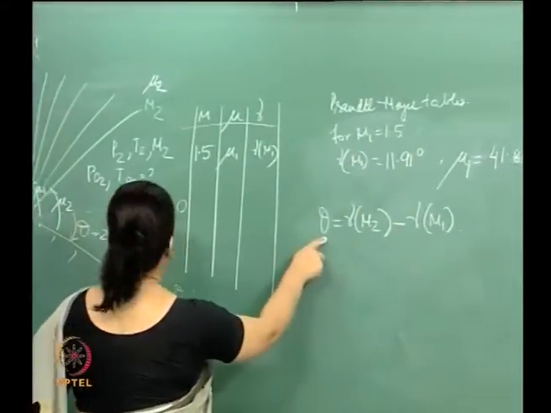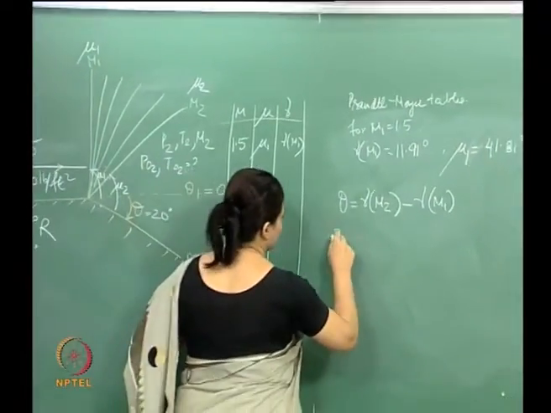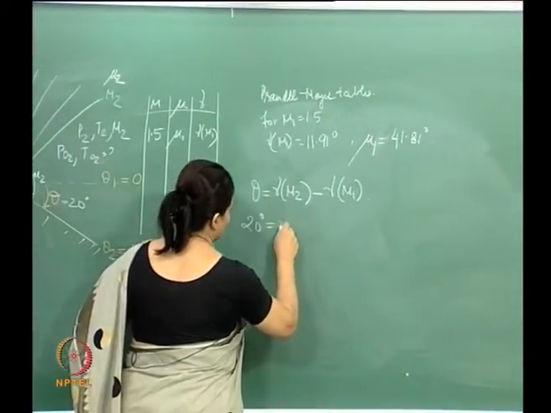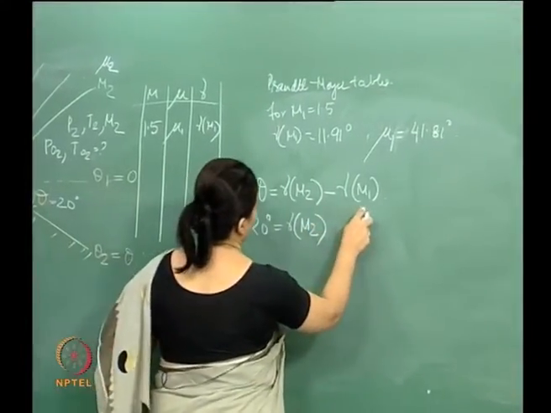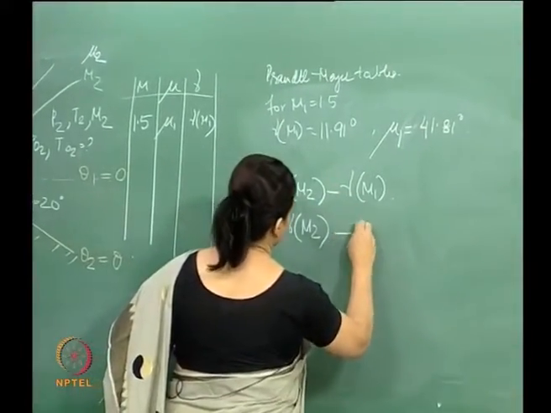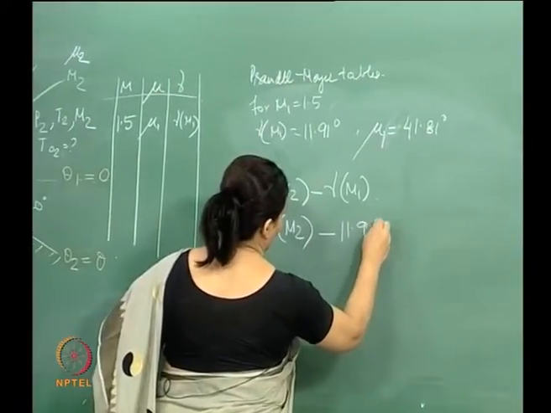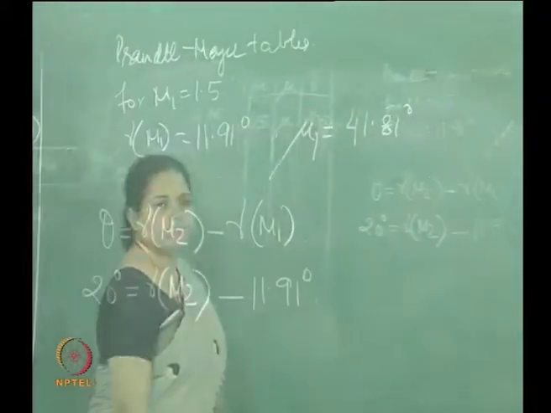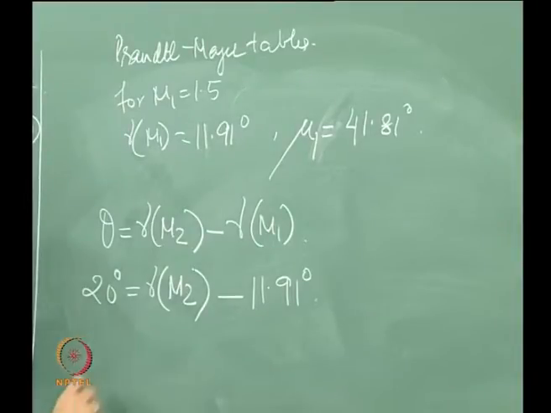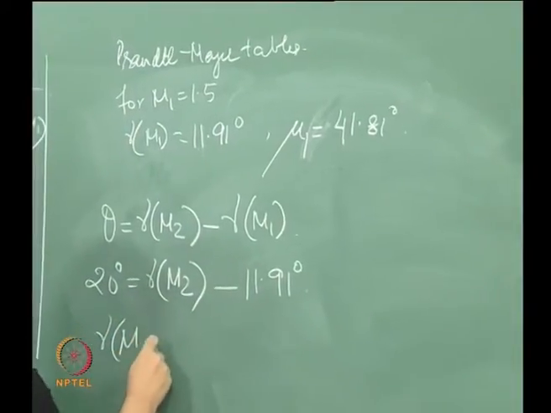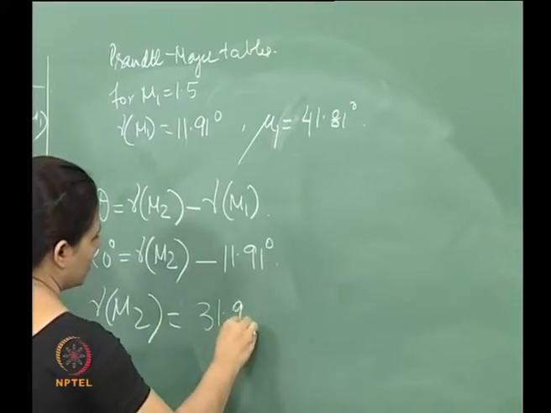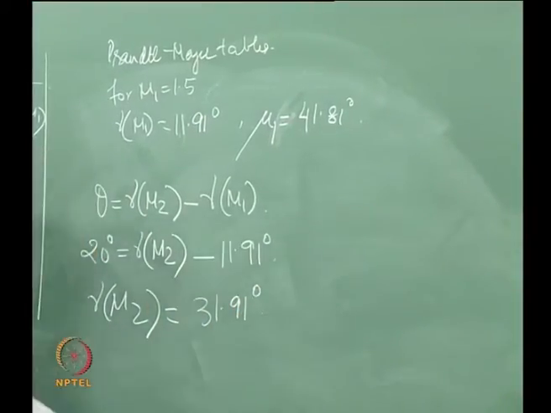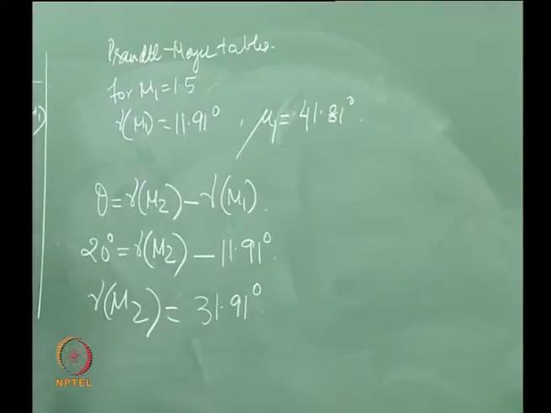So, this angle theta is known to us, which is 20 degrees, right. nu2 is something that we do not know, nu1 is something that we found out. So, therefore, what we can do now is find out nu2, right. This is what we get.